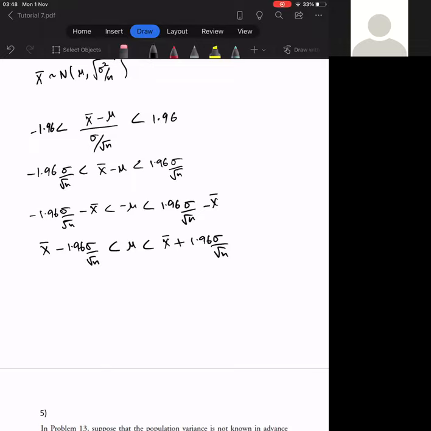This is our interval, which gives us a 95% level of confidence that mu lies between this interval.